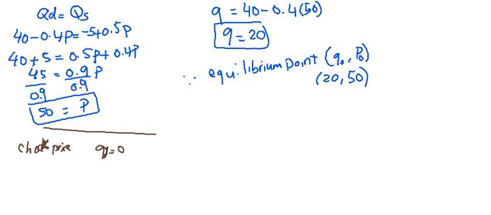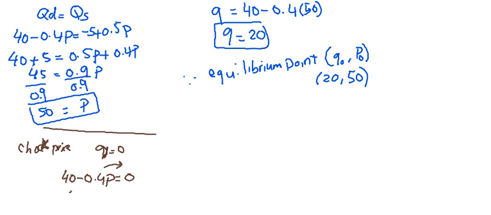So QD is equal to 0. We say that 40 minus 0.4P is equal to 0. We have to find this price, so we transfer it to the other side.